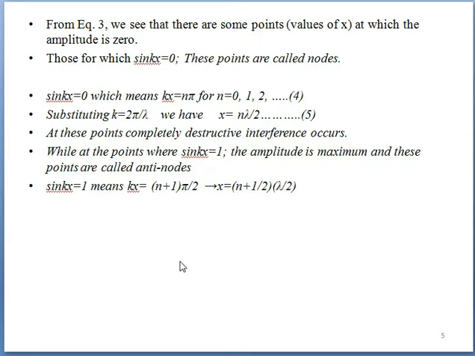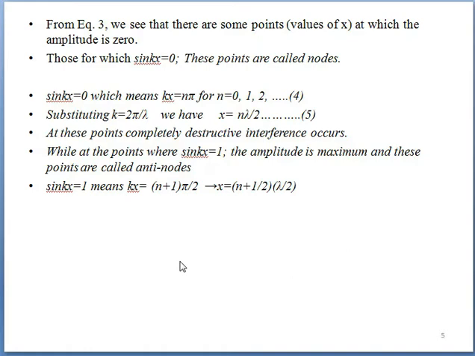When the angle is 0, pi, 2 pi, 3 pi, 4 pi or any integral multiple of pi, its sine is equal to 0. So kx is equal to 0 or pi or 2 pi or any integral multiple of pi. And if we put k equal to 2 pi by lambda, we have x equal to n lambda by 2.